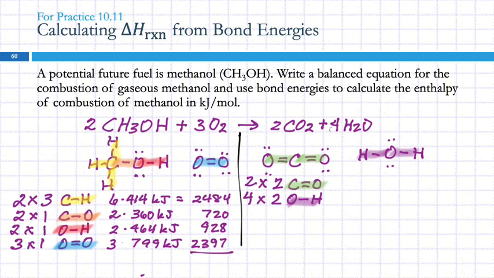This is definitely not a problem you should try to do in your head. I would really struggle doing this in my head. So if we add all these things up, please check my math. I'm getting 6529 kilojoules.